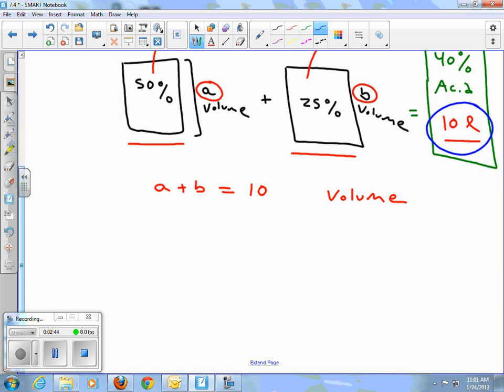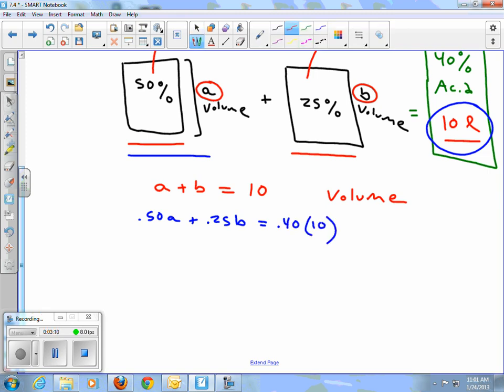Now, the tricky part here is creating a second equation to solve this problem. Our second equation is going to deal with the percentage in mixtures. So we know this particular mixture is going to be 50% acid. So 50% of volume A is going to be acid, plus 25% of volume B is going to equal 40% of the final volume.